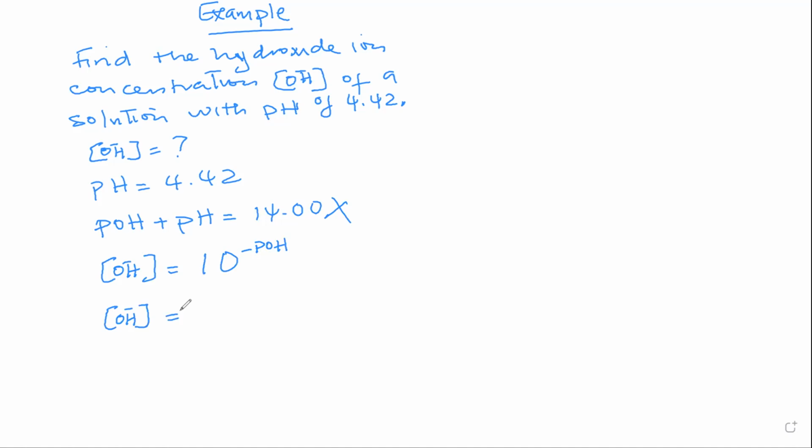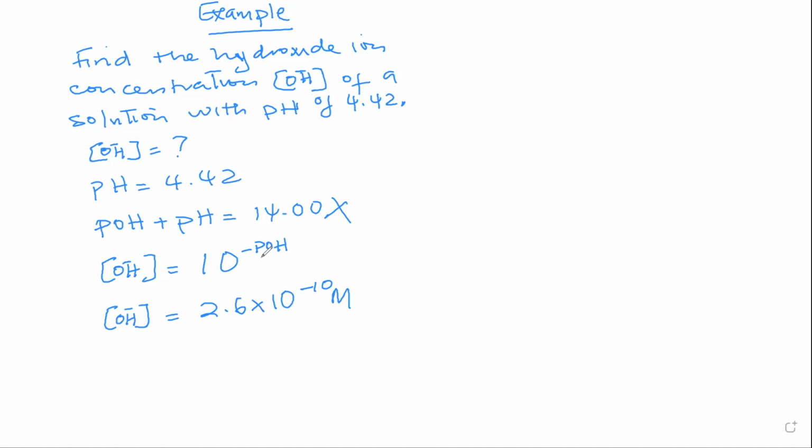So if we do that, it will be 2.6 times 10 to, that's it. Find the hydroxide ion. This is hydroxide ion concentration. So this is very easy, we just use a different formula. A different formula is introduced, which is using just anti-log of the other one.